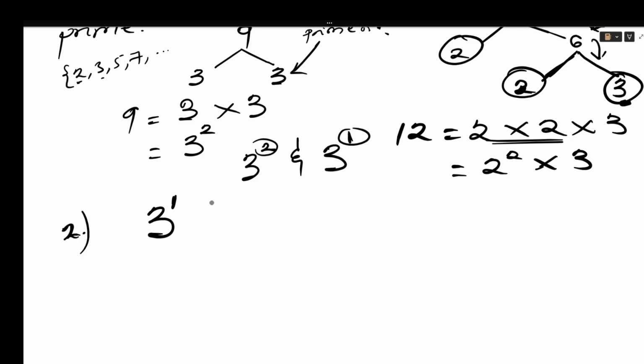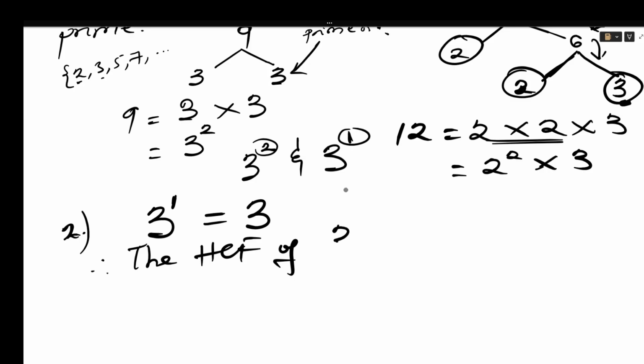So 3 raised to the power 1, or just 3, any of them works. We don't have any other common factors. 2 isn't common, so we don't add it to our answer. Now 3 raised to the power 1 is 3. Therefore, the HCF of 9 and 12 is 3.